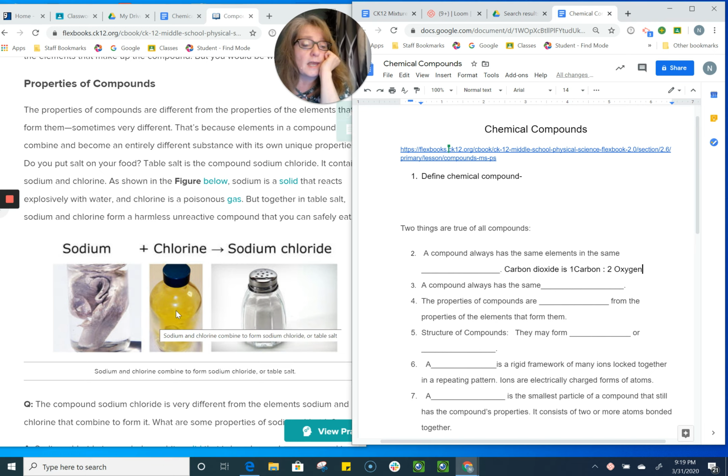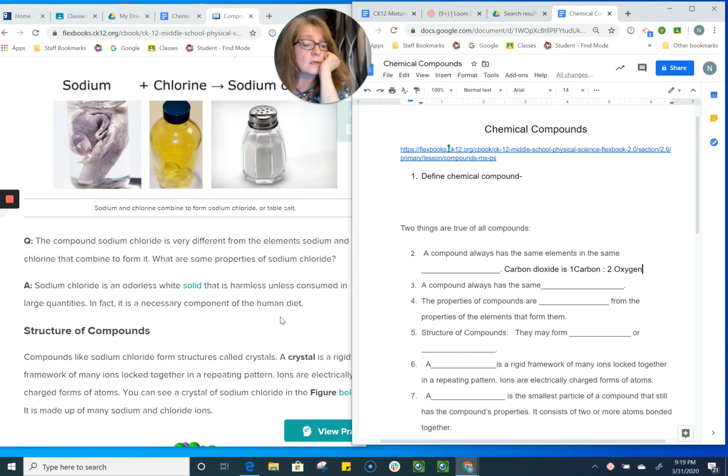Chlorine's a poisonous gas. But when they chemically combine, you get a solid with different properties because we eat this stuff. Okay. So the sodium chloride, the salt, is very different from the chlorine and the sodium that make it up. A compound has different properties than the substances that make up the compound.